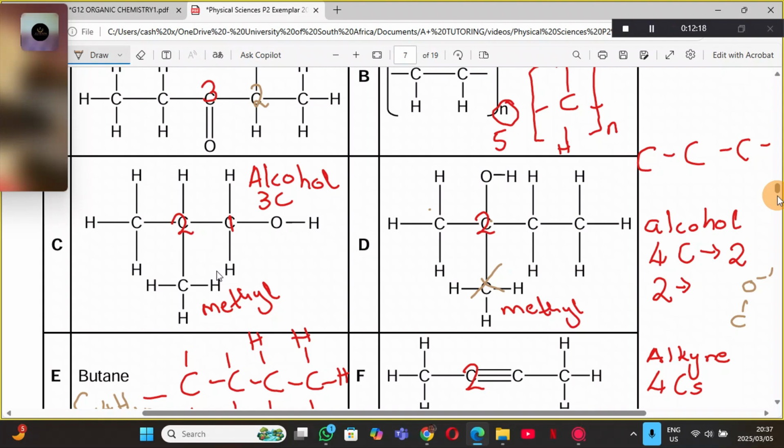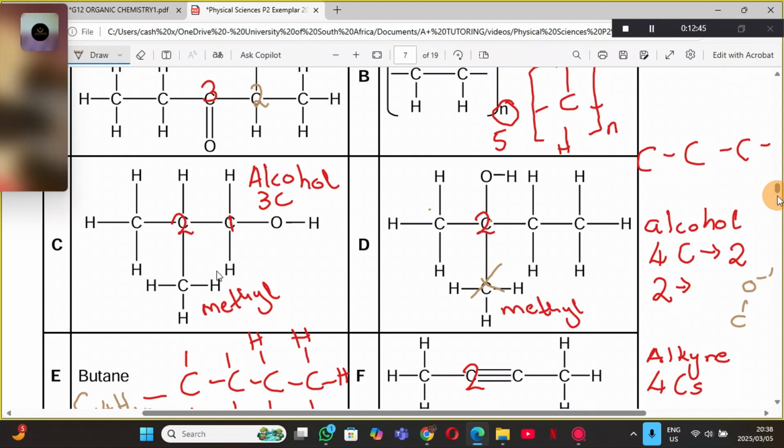You already separated by saying, yes, they have the same number of carbons, same number of hydrogens, but the position of the OH is different from C. So you're now just comparing the two by the position of the functional group.